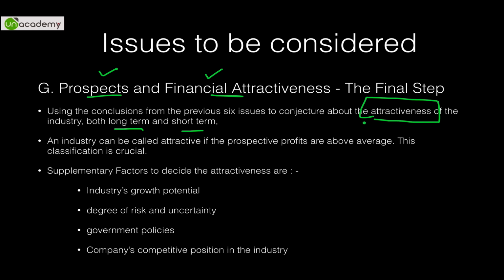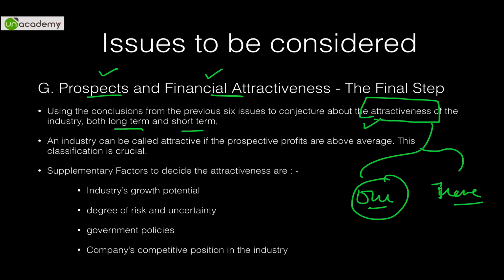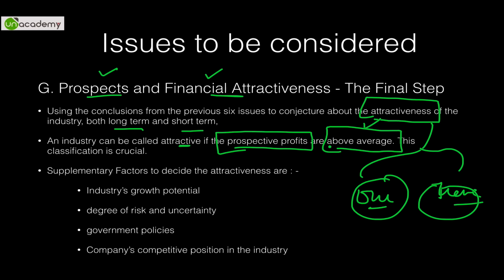So we have already identified what makes our industry attractive or what makes our competitors' industry attractive, ours and theirs. So these are the two things we have understood. An industry can be called attractive if the prospective profits are above average. It is not a very ambitious goal to ask for, but prospective profits which should be above average, that can be possible.